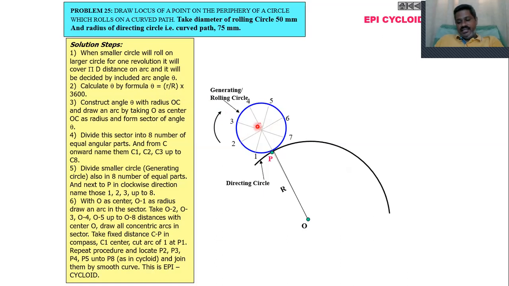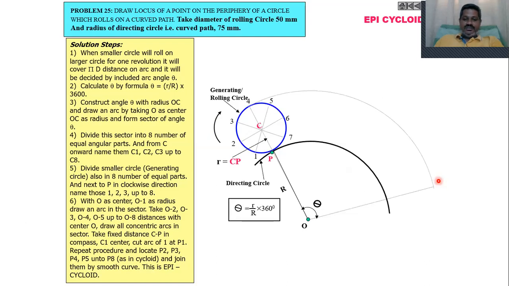After calculating the sector angle through which the generating circle is going to rotate, locate the angle like this and draw the end line up to the sector angle.